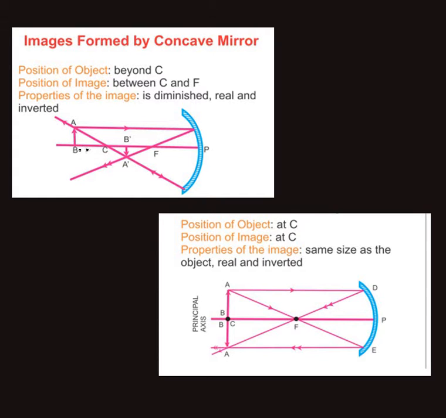The ray that they're tracing is one that goes straight through the center of curvature, and that one will bounce back, because, if you don't remember, the center of curvature is sort of the center of a circle. It will bounce back. And actually you can throw the third ray, which is usually the one that I say you use: the one that goes from the object to the focus to the mirror, and it bounces back parallel to the optical axis.